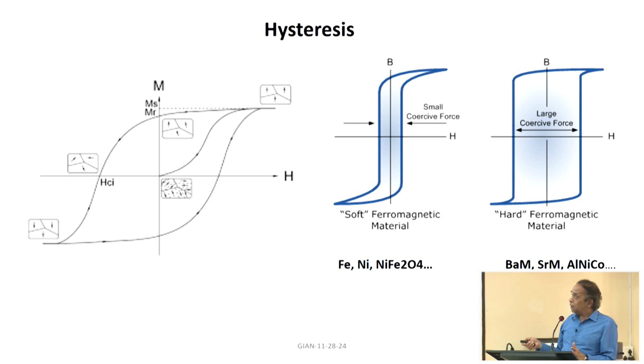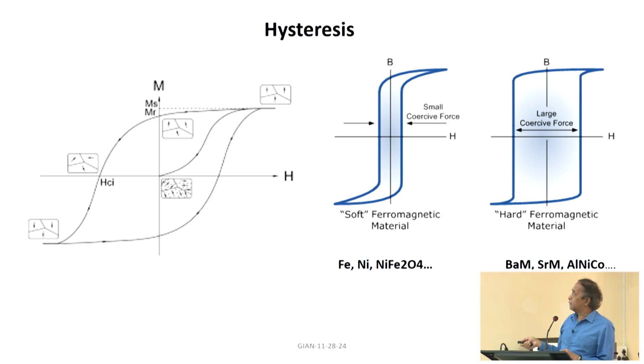So, this is true for all ferromagnets, but it may have different characteristics. A permanent magnet like barium ferrite or strontium ferrite will have a very large remnant magnetization, whereas nickel ferrite may not have that high a remnant magnetization, and it will drop to close to 0.